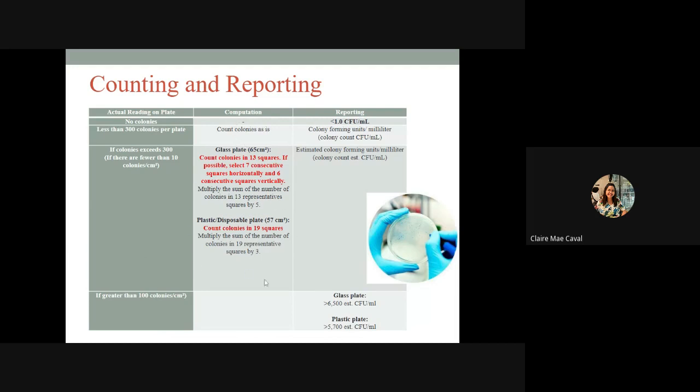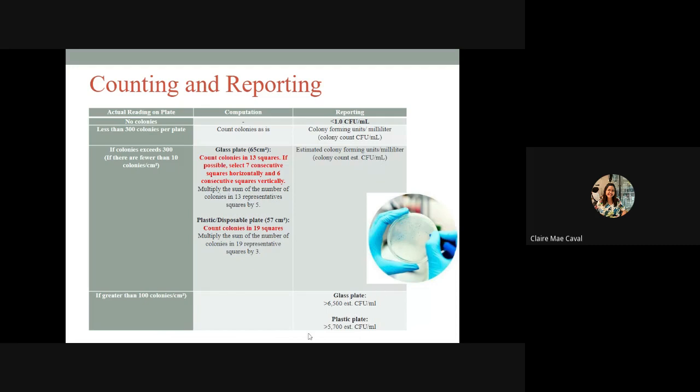But for plastic or disposable plate, you count the colonies in 19 squares. This could be random squares as long as 19 squares. And then you multiply the sum of the number of colonies in 19 representative squares by 3. And after that, the unit will be EST, estimate colony forming unit per ml.